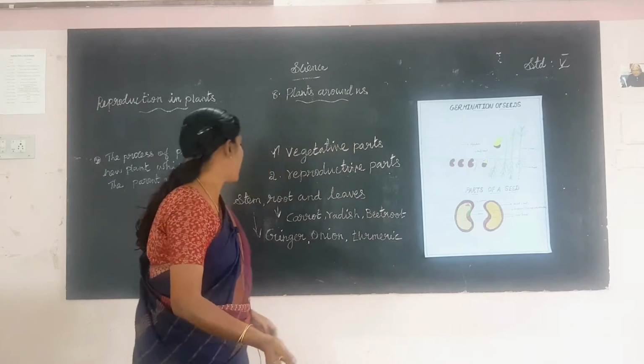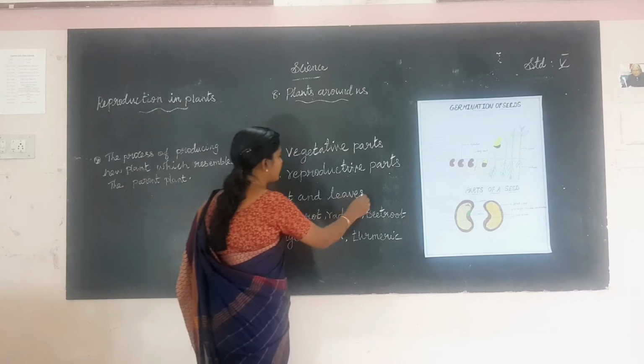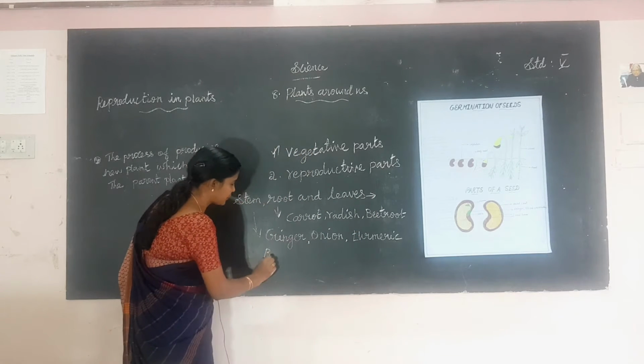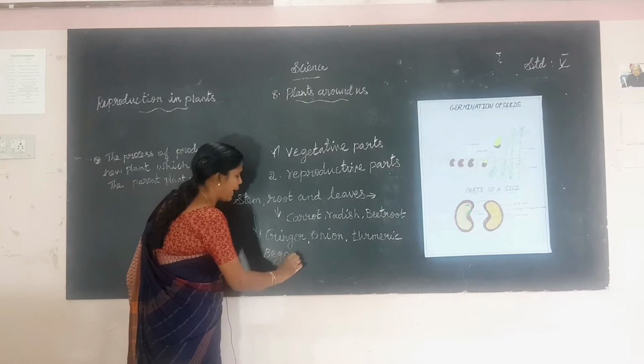Next one, leaves. Examples for the leaves are begonia and bryophyllum.